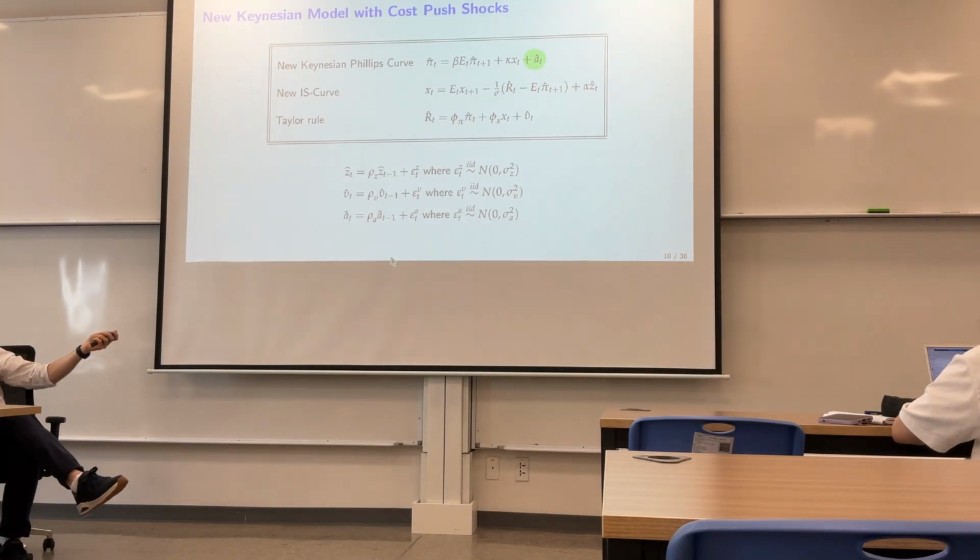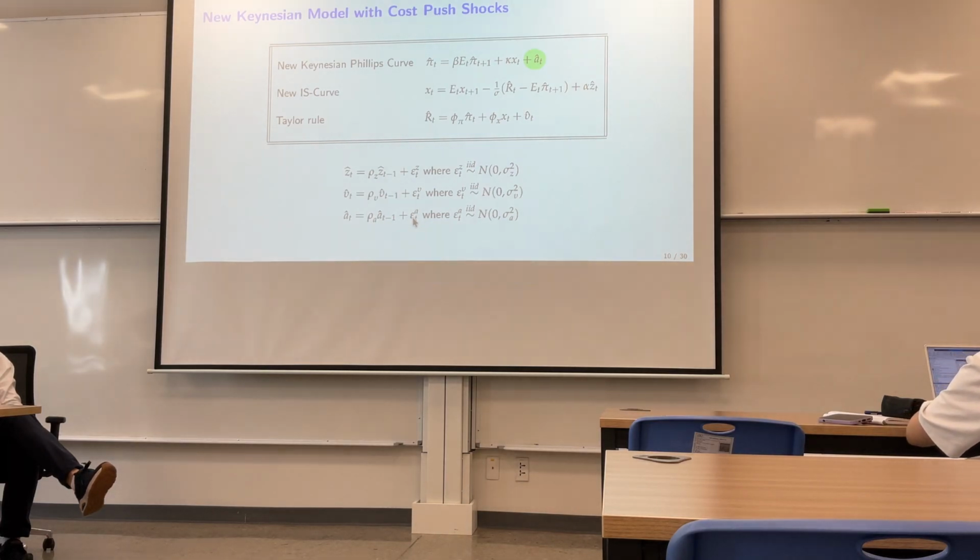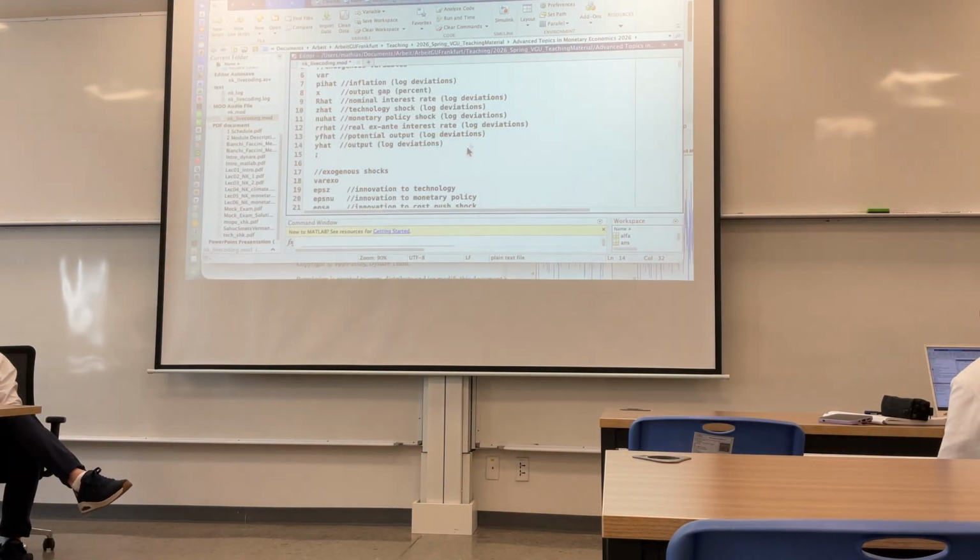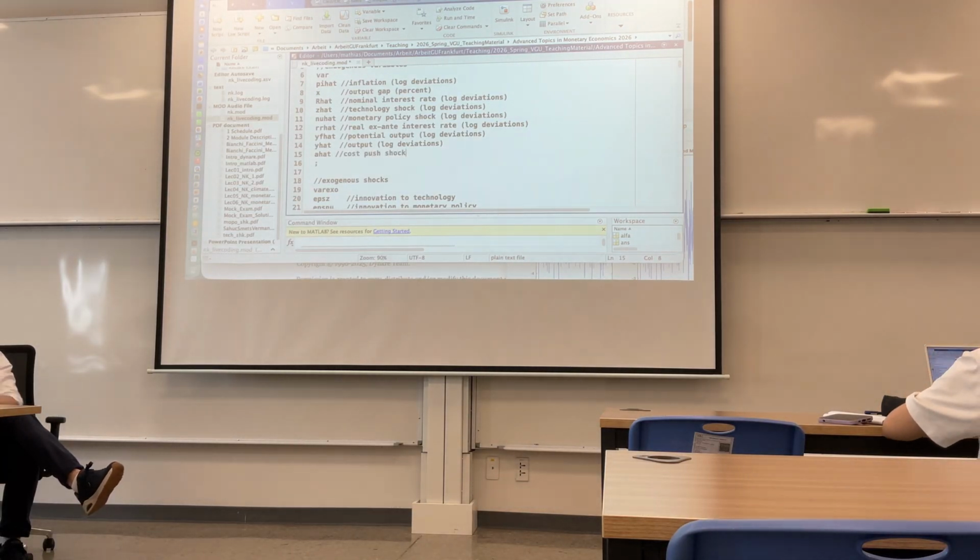We have defined this as an exogenous shock, but we need to define this as well as an endogenous variable. Spot on, folks. So I should do that where? Lynn says in line 15 we should write in A hat, and that's going to be our cost push shock. Here we go. That is our cost push shock.